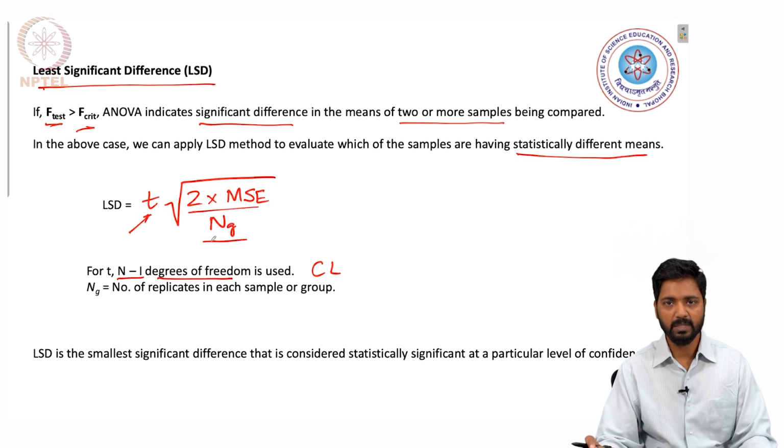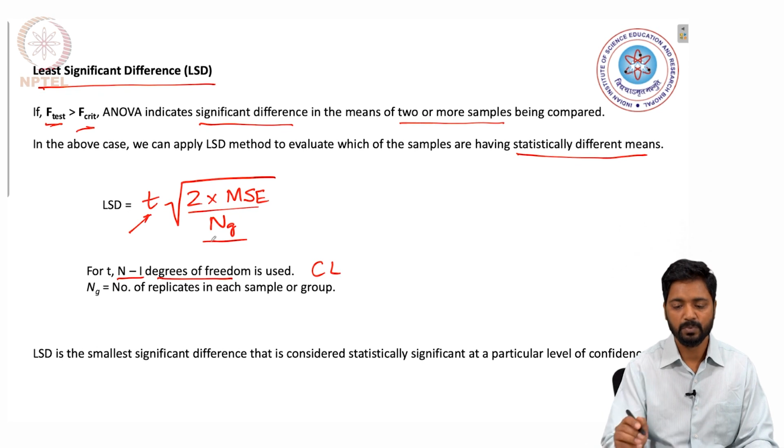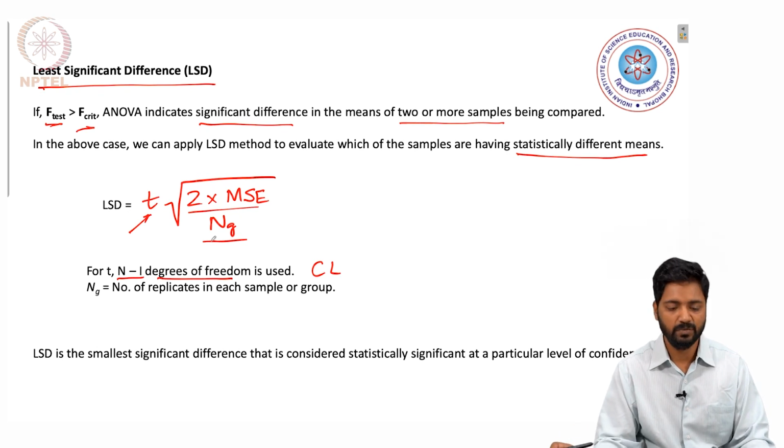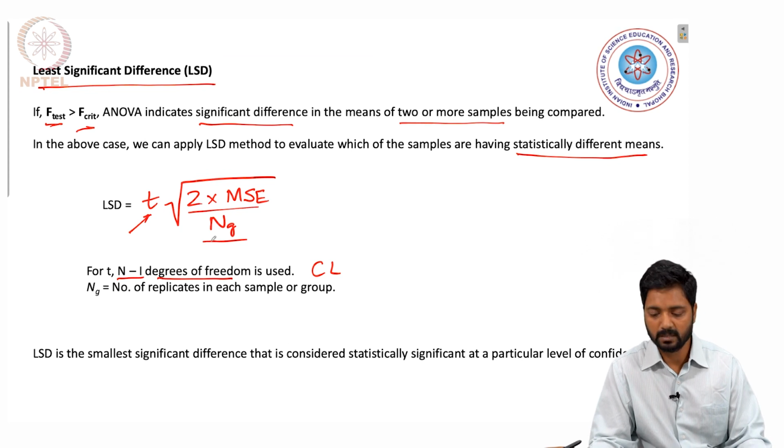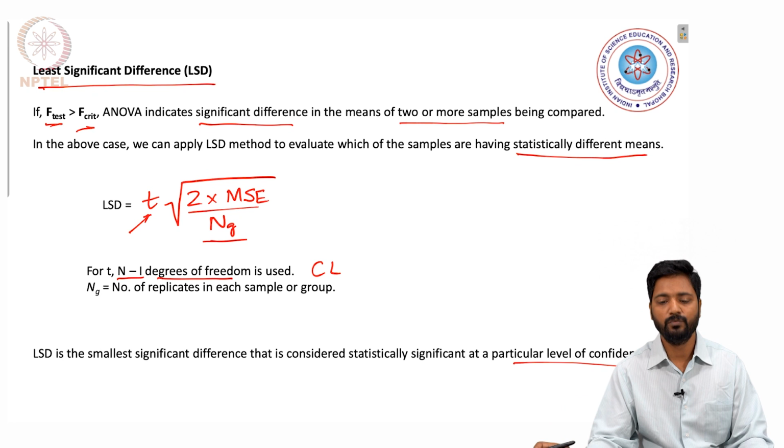The example that we recently covered using Excel had 6 replicates in each group, so the Ng value was 6. To summarize, LSD will be the smallest difference that is considered statistically significant at a particular level of confidence.